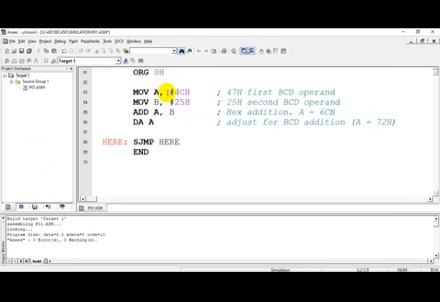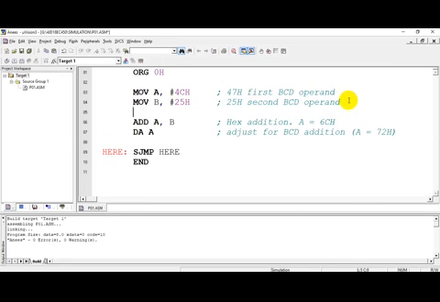Why? Because 4C is not a valid BCD number. That's why the results you get are not proper, because the input itself is not proper. So the number should be a combination of digits 0 to 9. So this is one thing you have to remember.